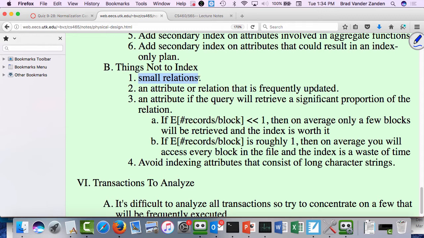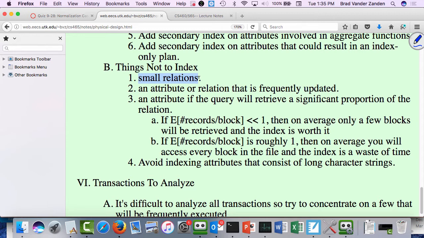So any index you use will simply increase the number of block accesses, because indices are also kept on secondary storage. So not only will you have to read the block associated with the index, you also have to read the block. And all entries in the index will point to that one block. So we don't tend to index small relations.